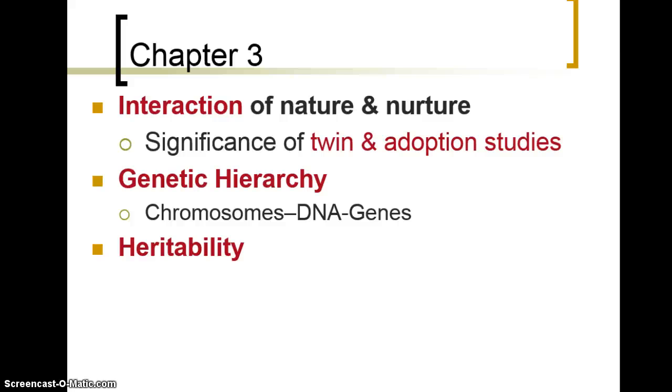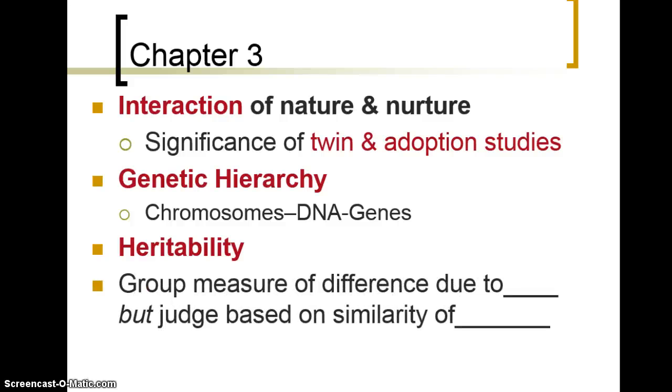So the more similar the environment, any differences then have to come from genetics. So that would be high heritability. The more diverse the environment, then the lower the heritability, because we don't know how much of the differences comes from genetics. So please go back and review that.